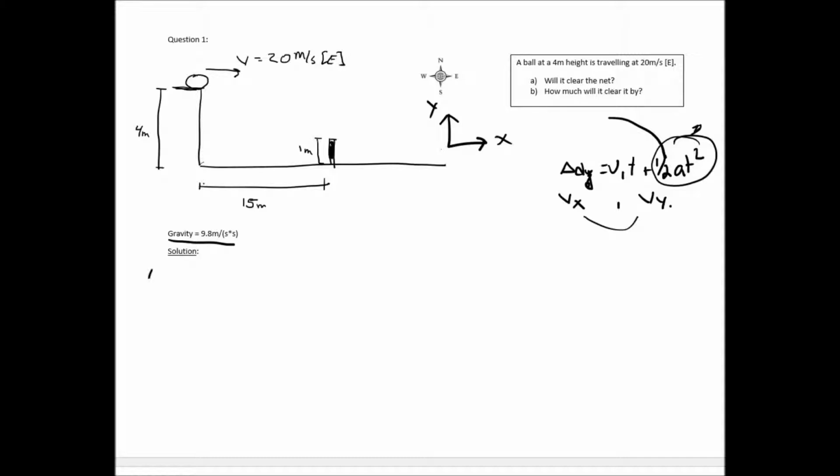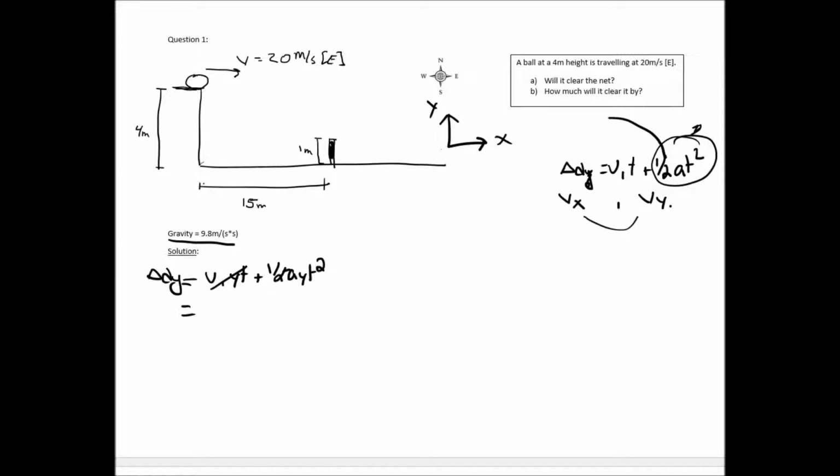So let's do that. The equation I'll be using is delta dy equals v1y t plus 1/2 ay t squared. v1y, there is none, so that's 0. Delta dy is the displacement from this point to that point, and that's going to be -3.